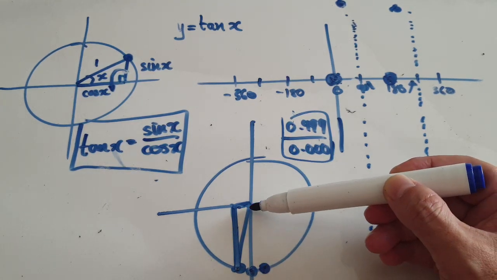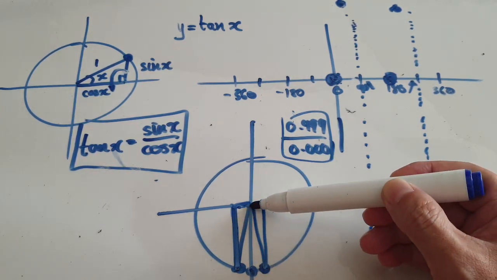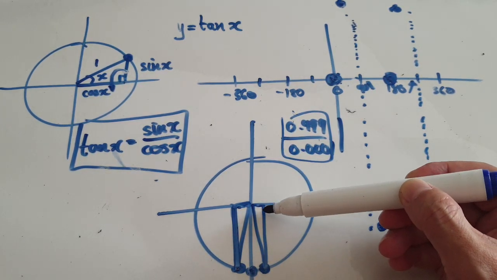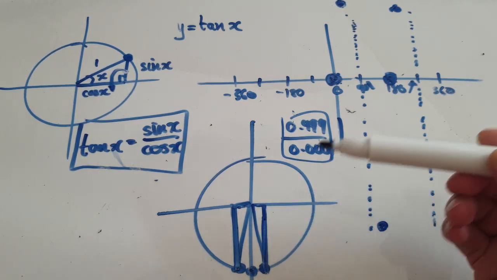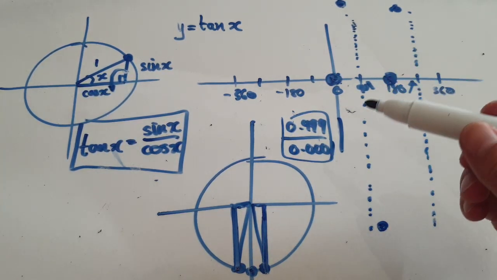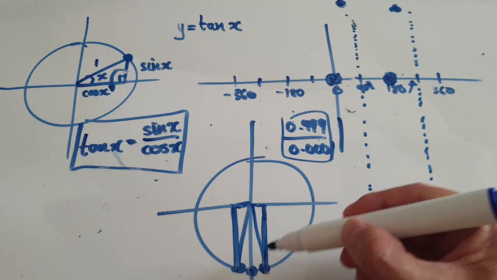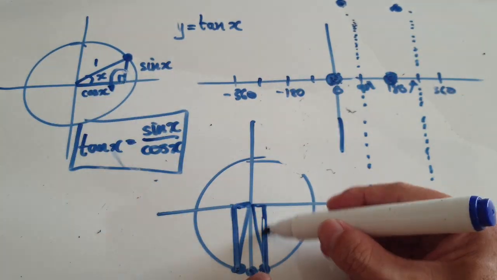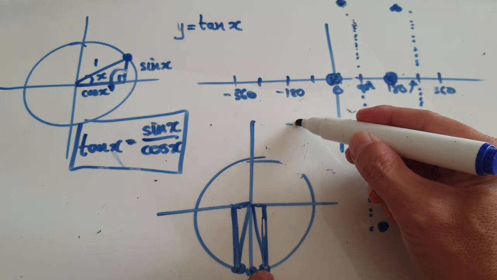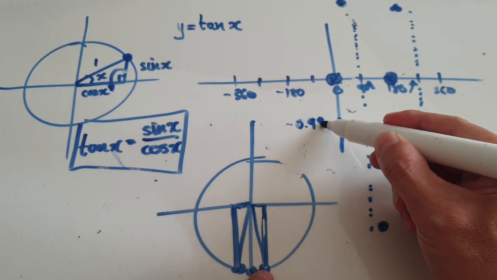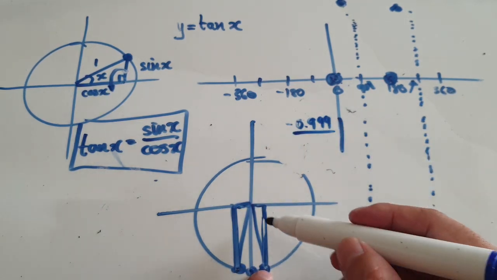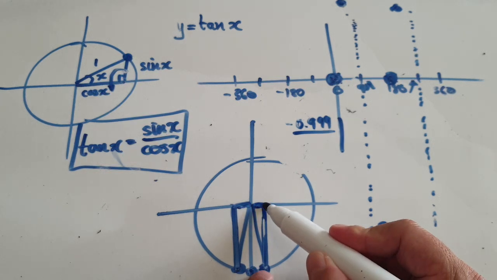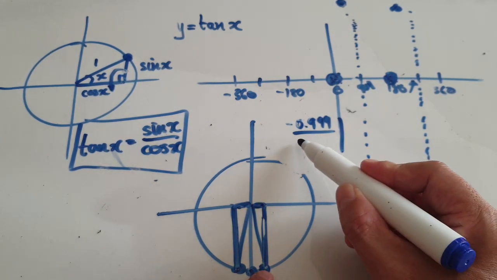So just past 270, what's the height here? The height here would be very, very close to 1, but it's a negative. So just past 270, the height would be, let's just imagine it to be very, very close to -1. And then divided by the cross. What's the cross? The cross here would be positive, a small number.